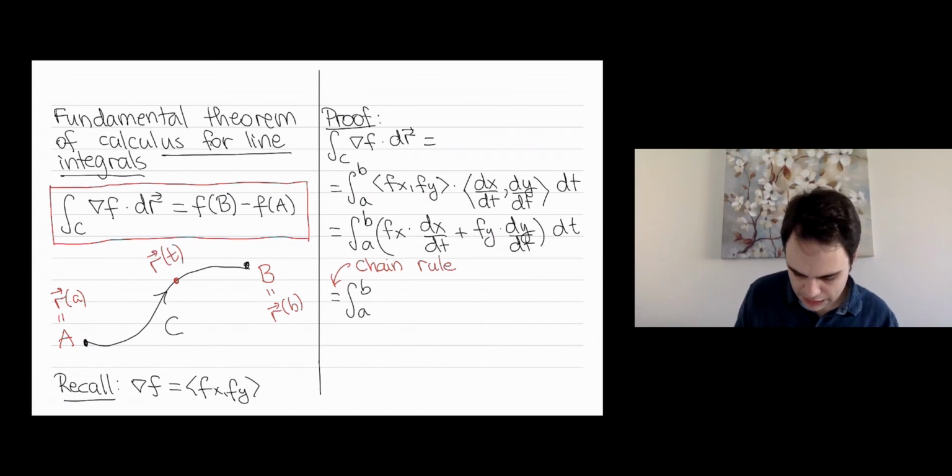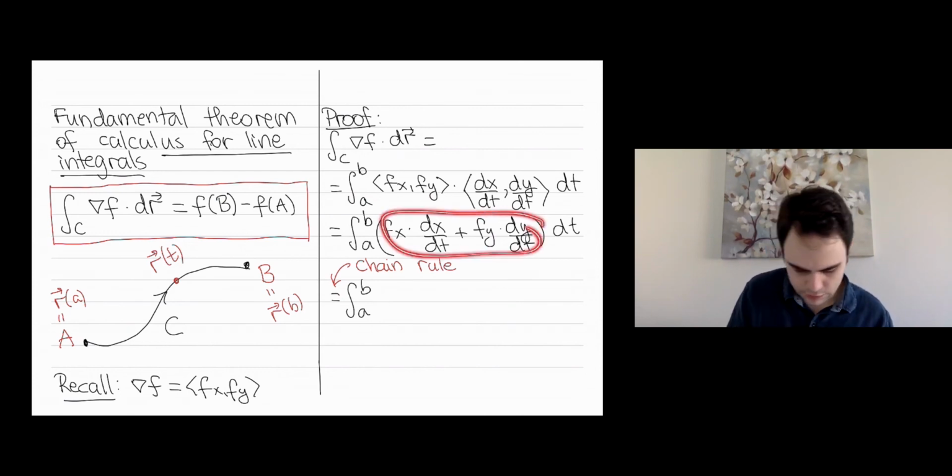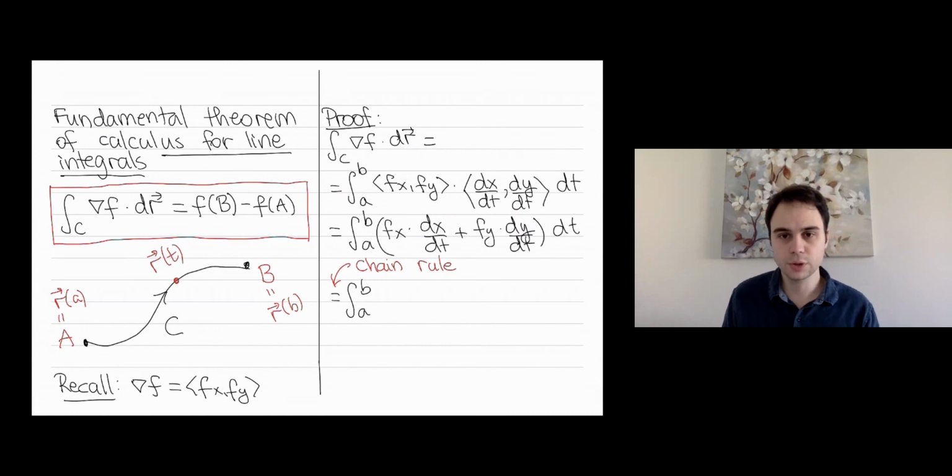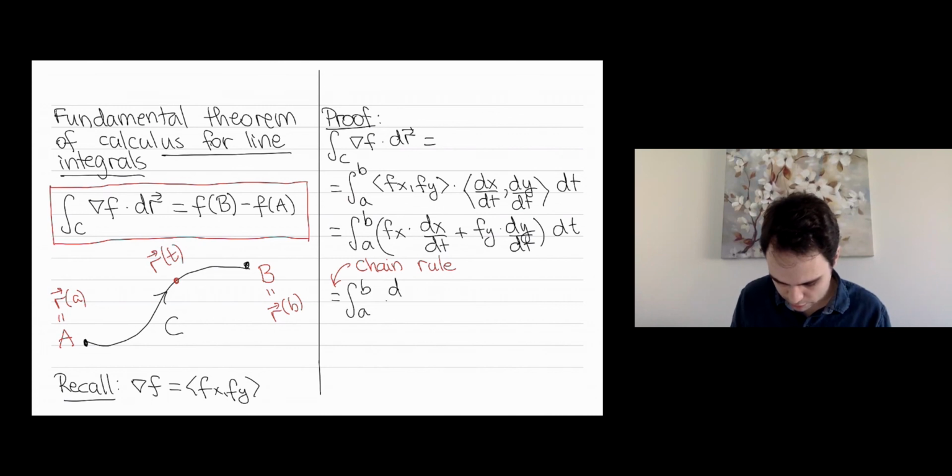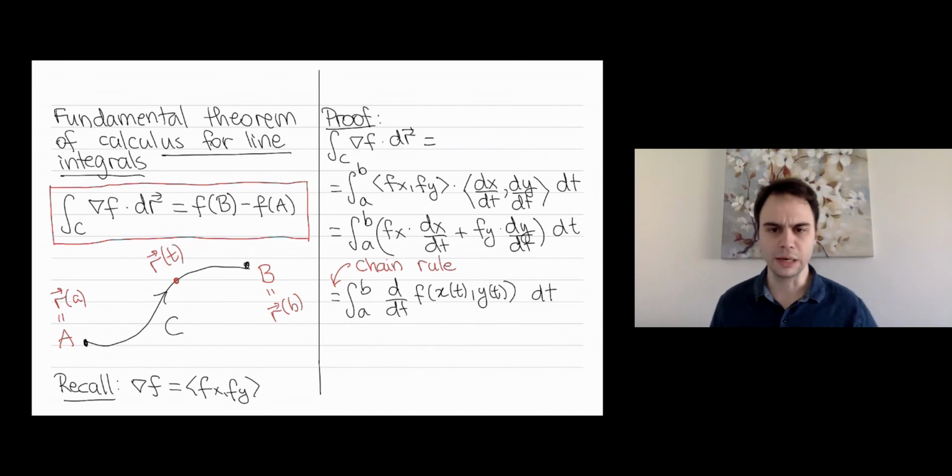Right, so we've seen this before. This x partial times dx/dt plus y partial times dy/dt, that's the change of f, that's d/dt of f when I express x and y in terms of this parameter t. And then I'm integrating that with respect to dt.